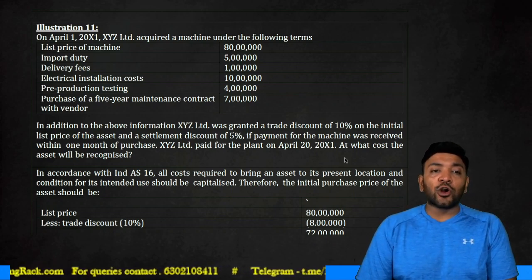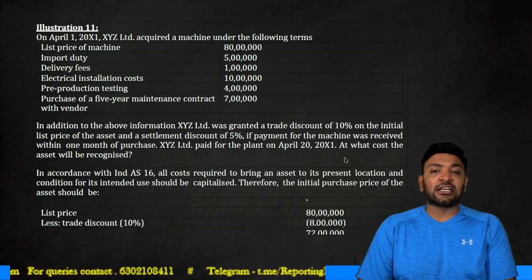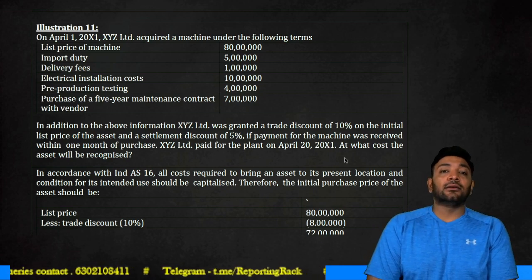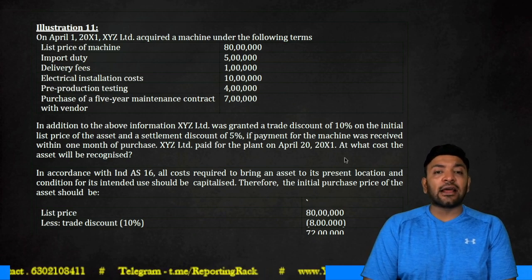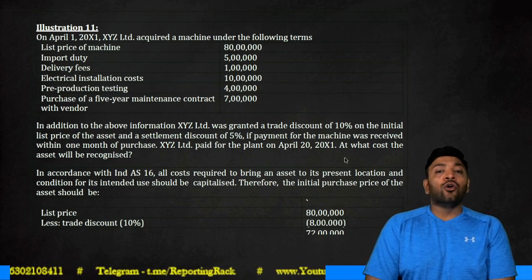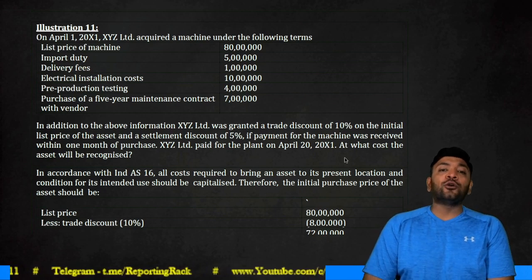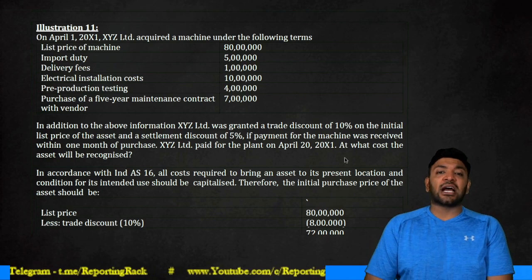What about import duty? Should I include this import duty into the cost of the asset or no? Answer is yes. The answer would have been no, or any taxes thereon will be excluded, only if the entity is eligible to claim any input tax credit or any refundable taxes have been charged.